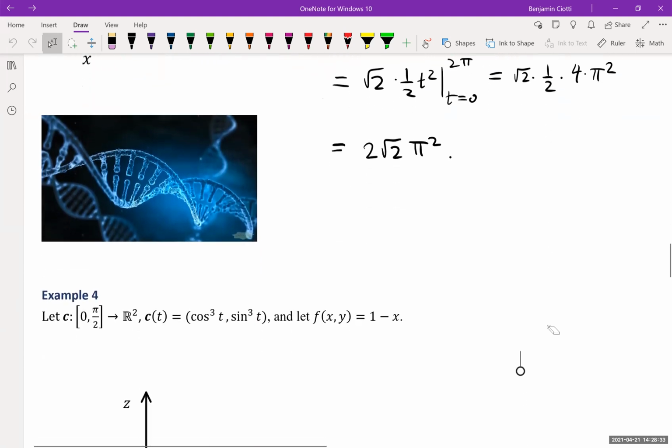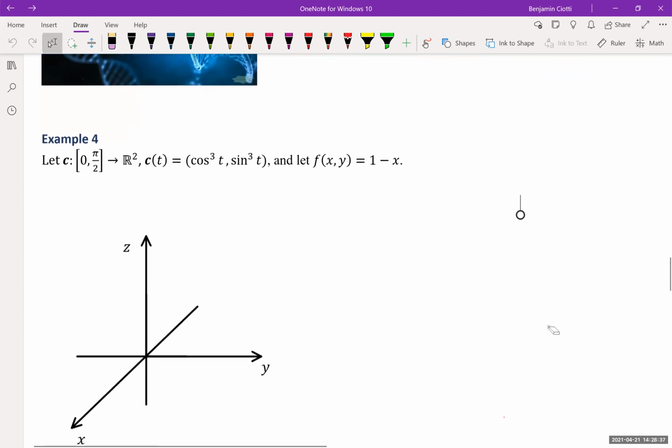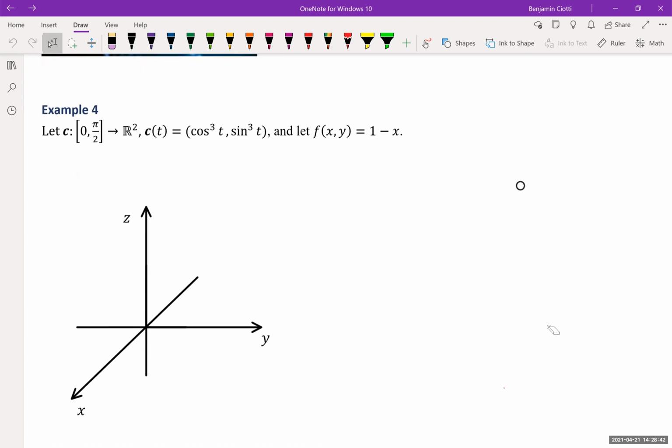In this example, we actually can visualize what the function looks like and what the integral looks like. So first, how about I'll plot the curve C, and I'll just tell you what it ends up being. It starts at 1, 0. That's where t is 0.